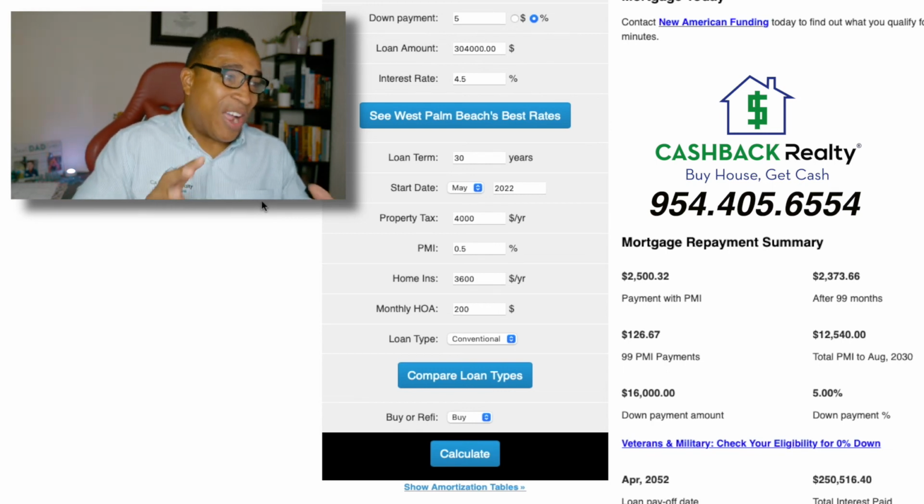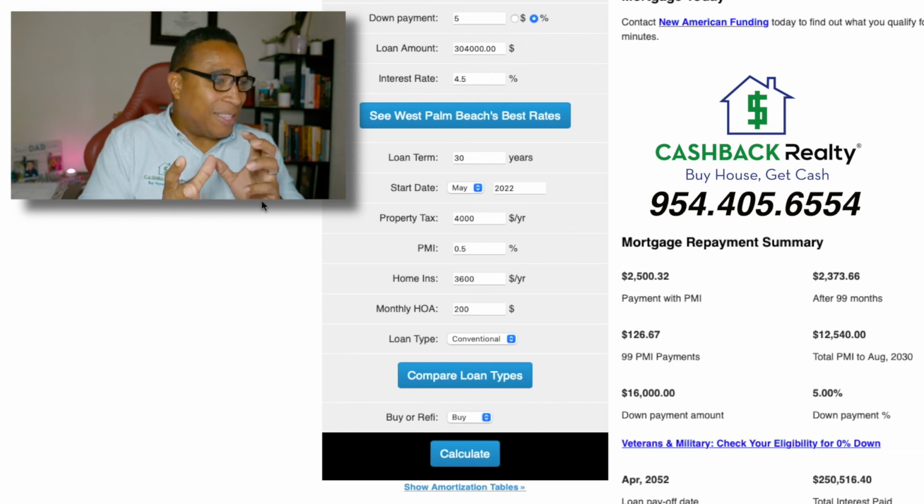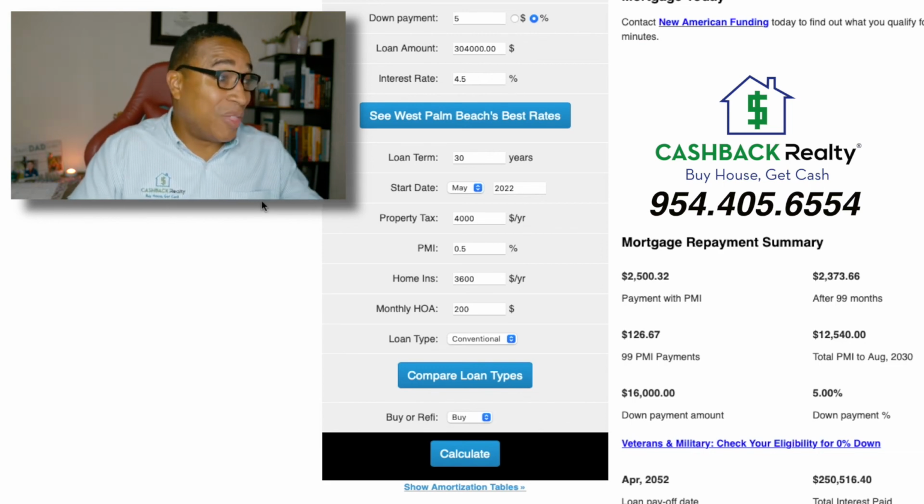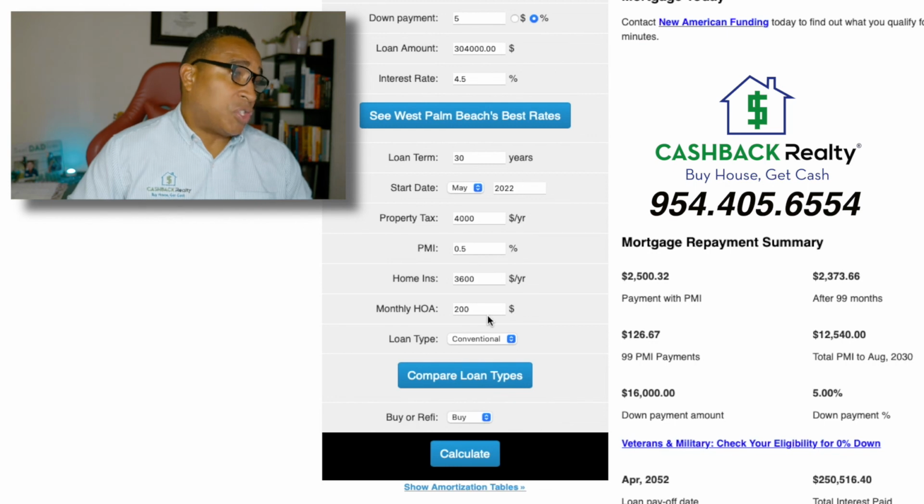When they're trying to manipulate the numbers and why can't I buy this house and keep my payment? And I have to go through these numbers with them and show them why. It's because, yeah, the house is $320,000, but the taxes are $7,000 a year. So that puts you at about $2,800 a month for your mortgage payment. And that's why you're going over, because the taxes are more. Or something like maybe the monthly HOA is $400 a month as opposed to $200 a month.